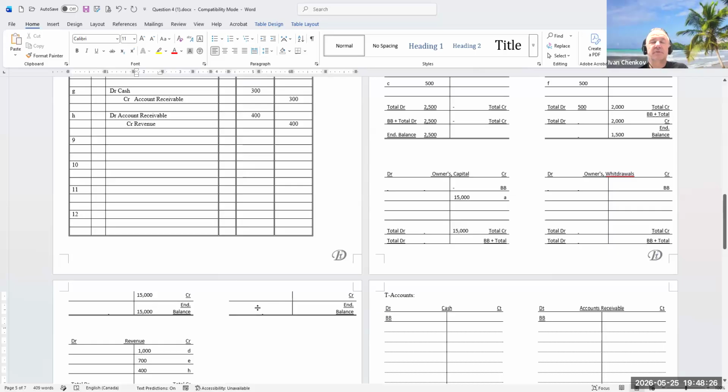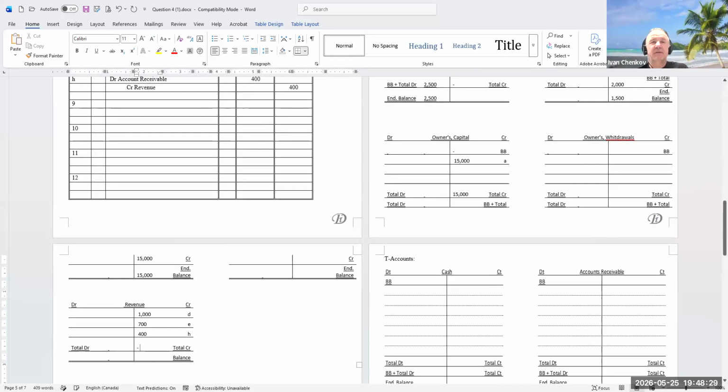Withdrawals, there's no withdrawals. The last one left is the revenue account, which is $2,100. So the balance here is 2,100.